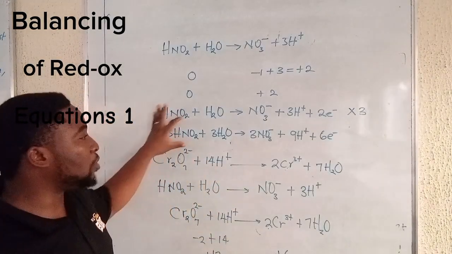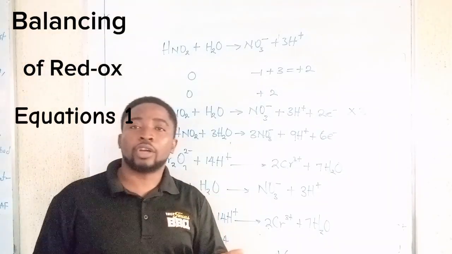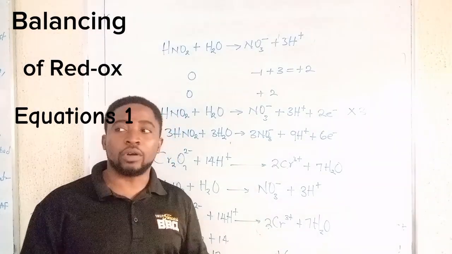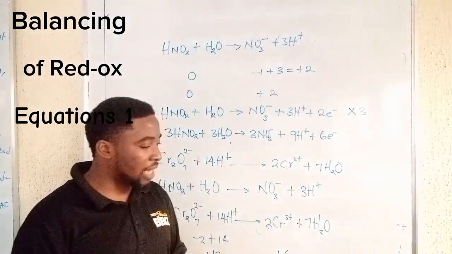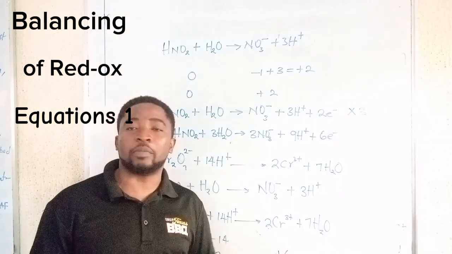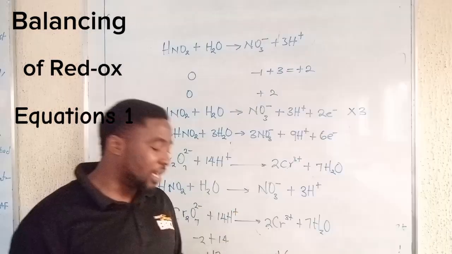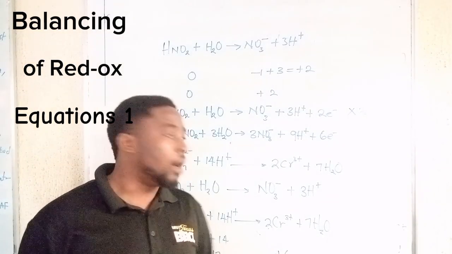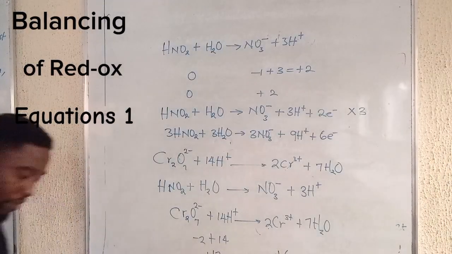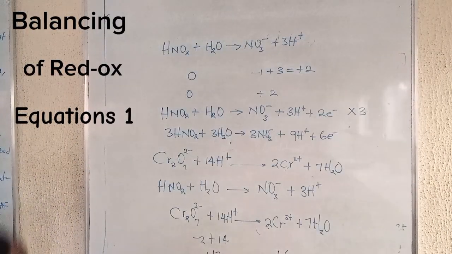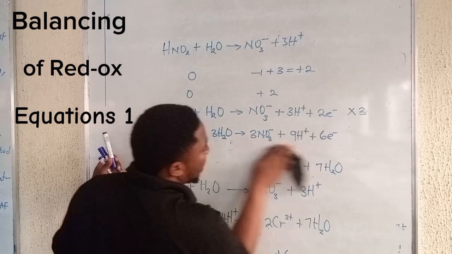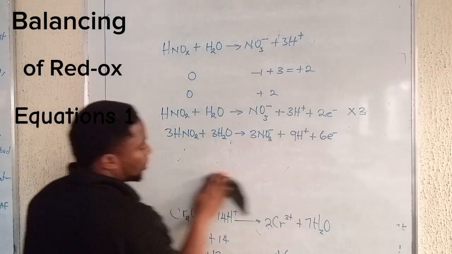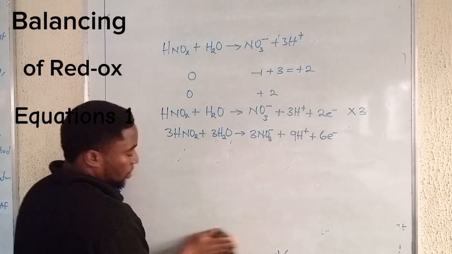So the next thing I'm going to do is to join my reduction half equation with my oxidation half equation and cancel out the equal number of moles of electron that I generated with the 2 half processes. Okay? Alright, so that is what I'm going to do now. Let us join our oxidation half equation with our reduction half equation.